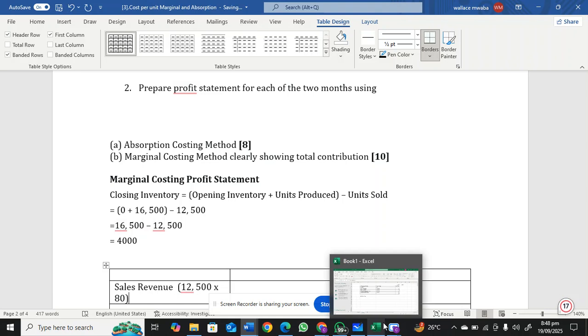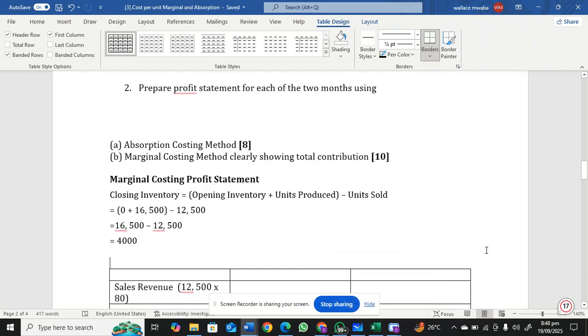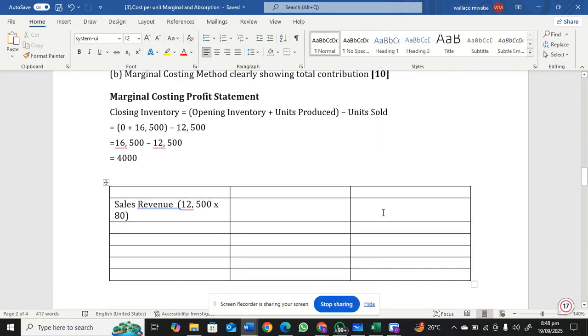I'll just use this side on Word so that I'm not moving from one page to another looking for information. I just want to be on one page dealing with the information. So 12,500 times 80 kwacha, you're going to get 1 million. Okay, 1 million kwacha. That is the sales revenue.